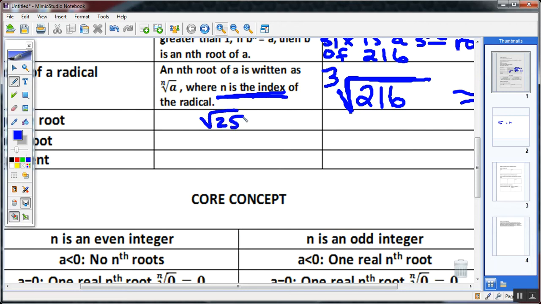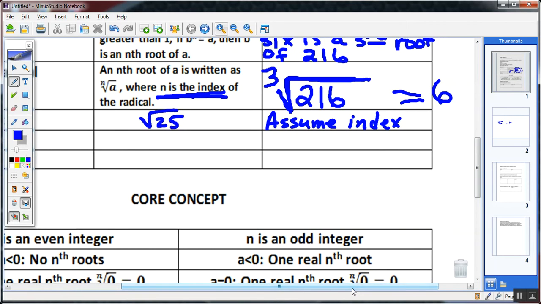If I have just a square root of 25 written like that, there's no index up there, but anytime you have a square root, assume that index is equal to 2. So the square root of 25, even though there's not a sign up there, there's really an index up there, there's really a 2, okay?